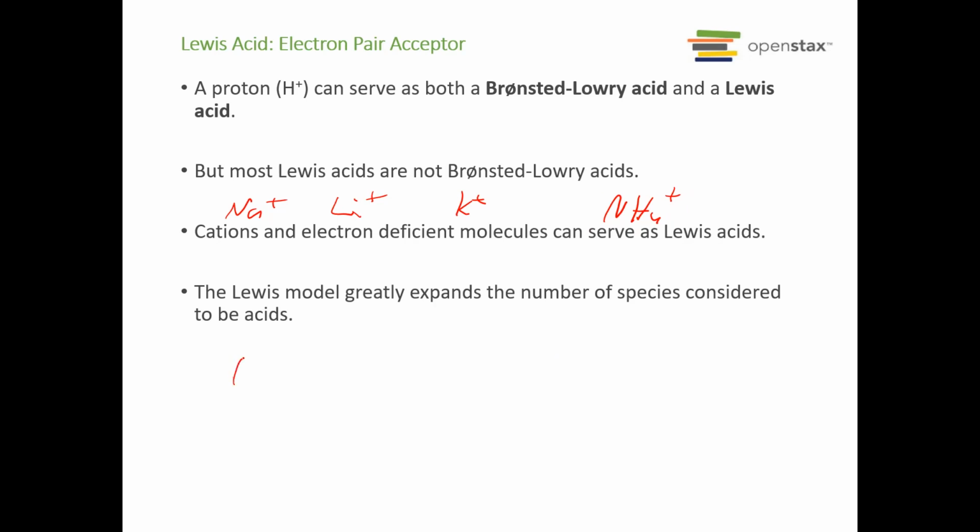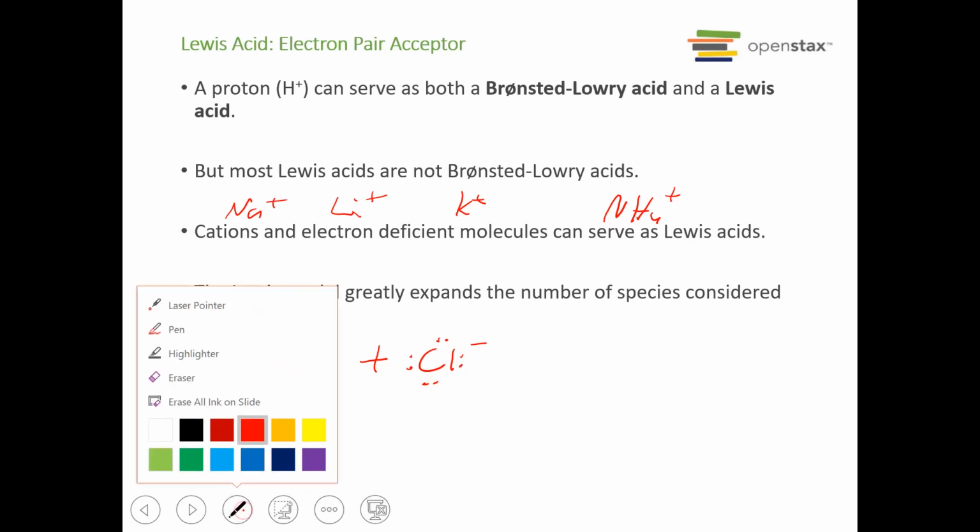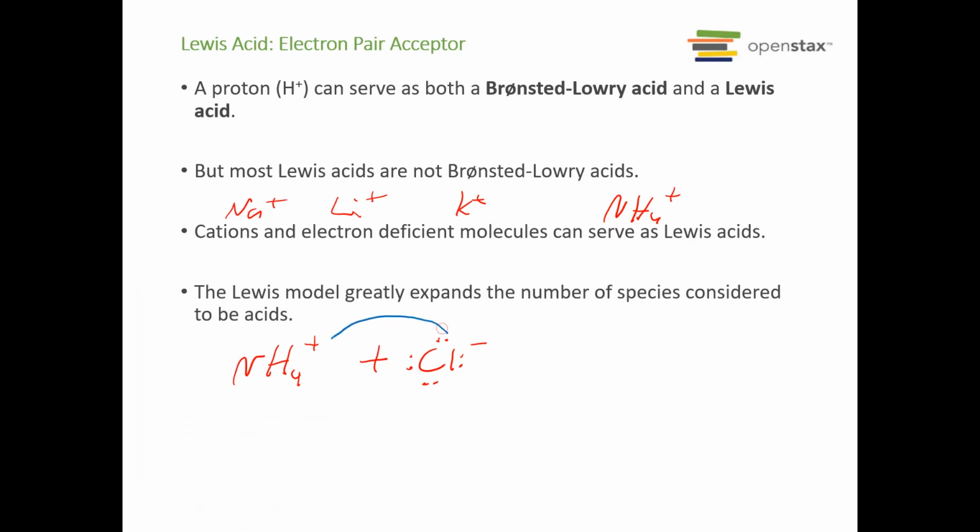So, for example, if I have NH4 positive, and I take something else like chloride, chlorine has its pairs of electrons, and it can take one of the pairs of electrons and donate it to the ammonium, and we get NH4Cl.